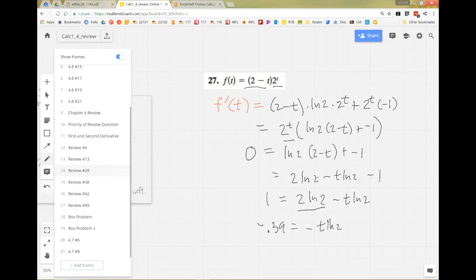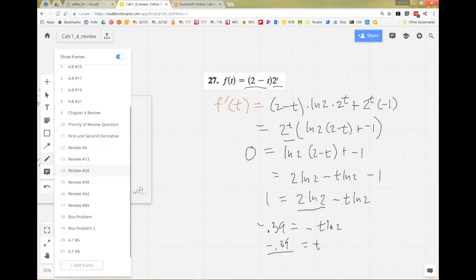That's supposed to be a natural log. And then we could divide both sides by negative natural log. So we get t equals negative 0.39 over the natural log of 2.